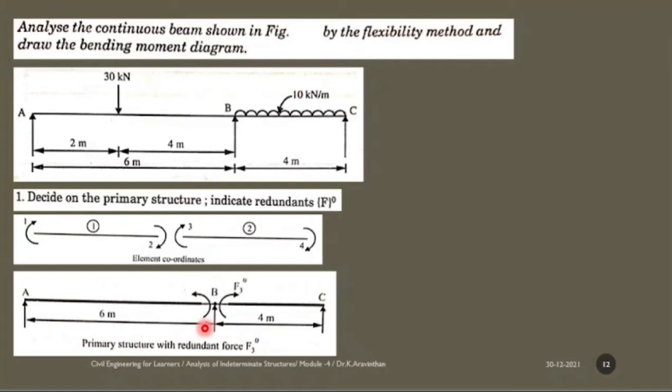If you have in between hinged end, it is known as partially hinged, and you will be having a negative moment and a positive moment with equal magnitude. So it will become 0. Hence, you will be only having redundant force at joint B. That is why F naught is written here. So how many redundancies are there? You have 1 number of indeterminacy, and that is at the joint B.